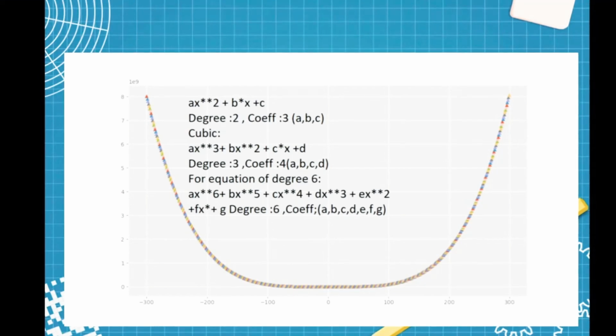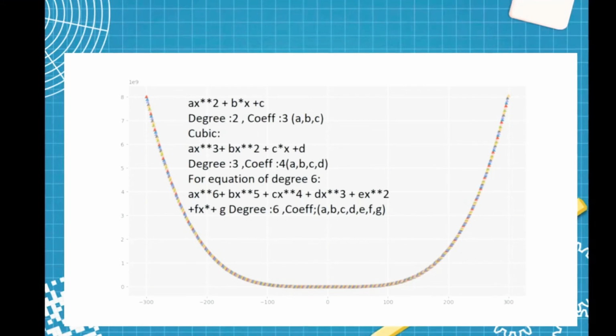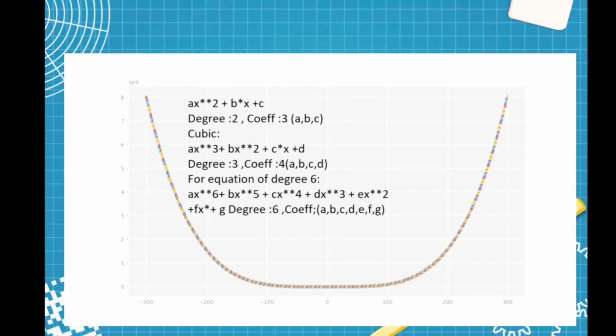A cubic equation is the equation that has degree 3. So ax cube plus bx square plus cx plus d is the cubic equation, and 4 coefficients are there, a, b, c, d, that is 3 plus 1.